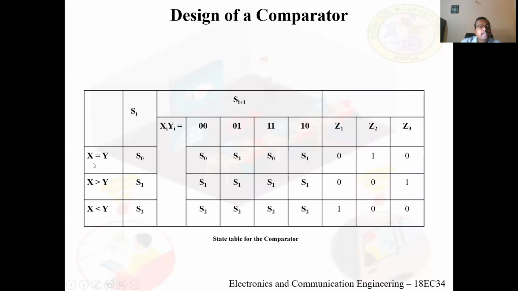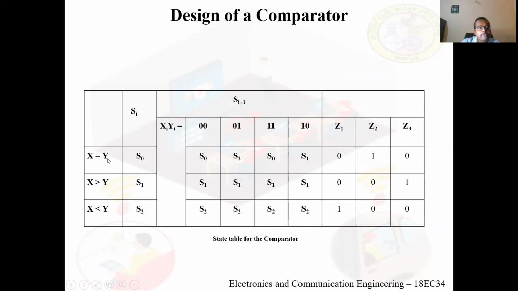Now, the input conditions we have are X is equal to Y, X is greater than Y, and X is less than Y. For these three input conditions, we'll designate the states as S0, S1 and S2.